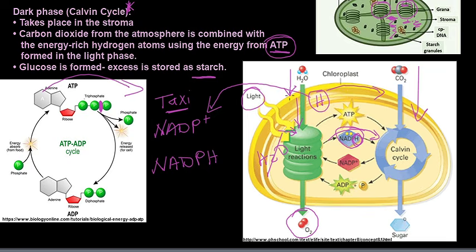One of these phosphates on the left here, the third one, is going to break off, and when that breaks off, all of the energy in the bond is released. That energy is then used to combine the carbon dioxide with the hydrogen.